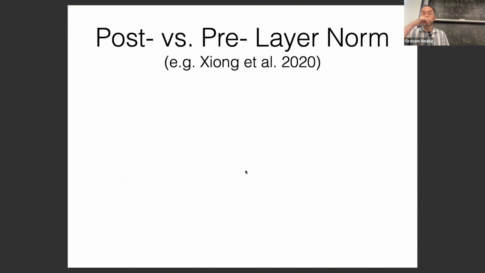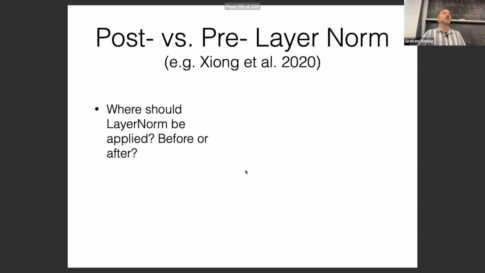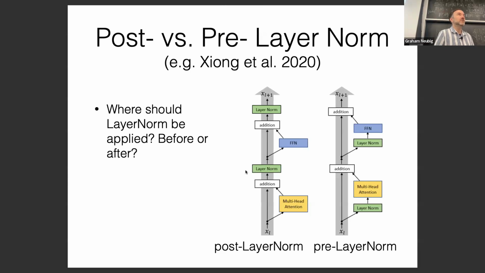So this is a really important difference, post-layer norm versus pre-layer norm. These are two examples of post-layer norm and pre-layer norm. The way that post-layer norm works is you do layer norm after you do the residual connection.